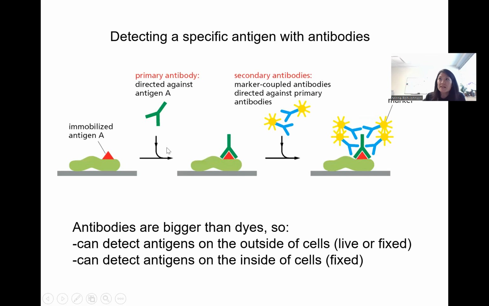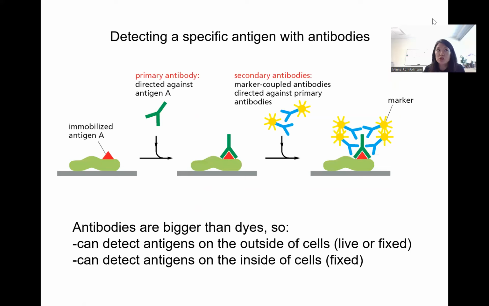So that's with dyes that are taken up by cells. What if you wanted to look at a specific protein as an example? And you knew that there was an antibody that was generated against that protein such that you could visualize it. That's shown here by this little red triangle, which is antigen A. You can use that antibody that recognizes antigen A, and it will specifically bind to that antigen.